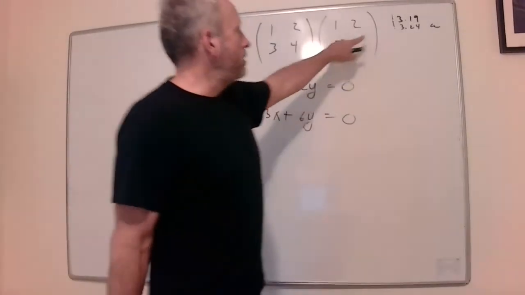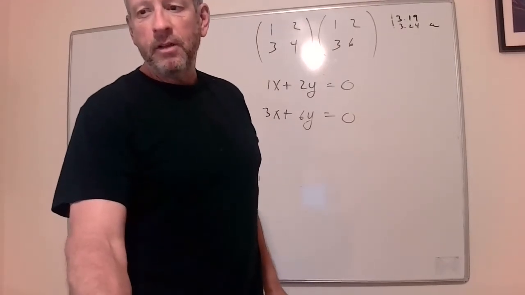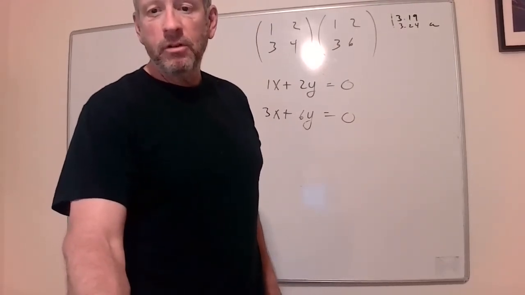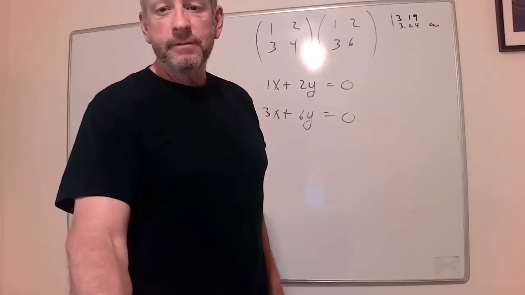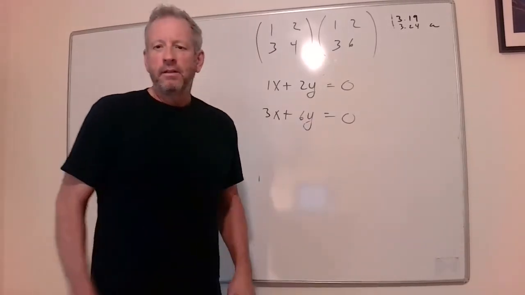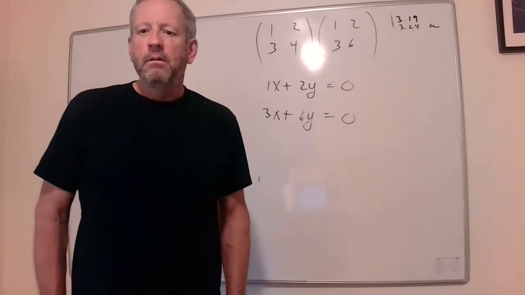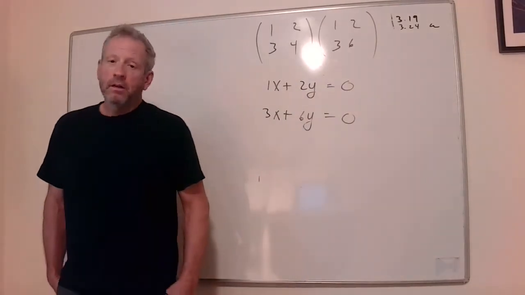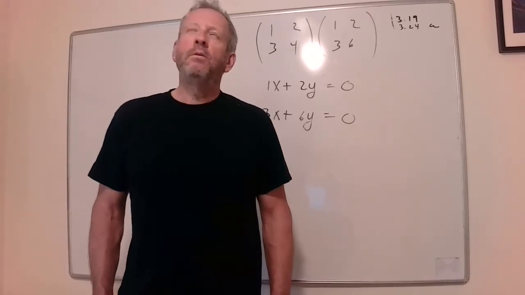So let me go down to question 3.19. Let's see what it asks us to do. I'm scrolling down here to 3.19. The question states: there are 2 matrices, one is singular while the other is non-singular.